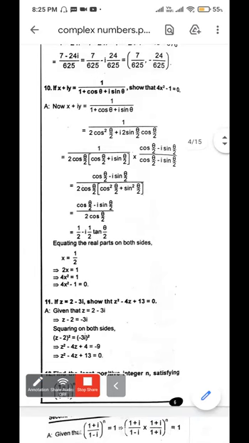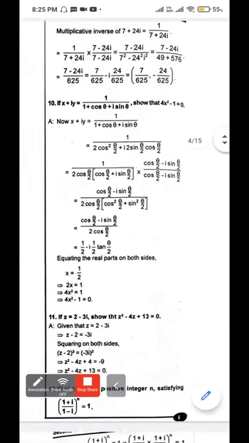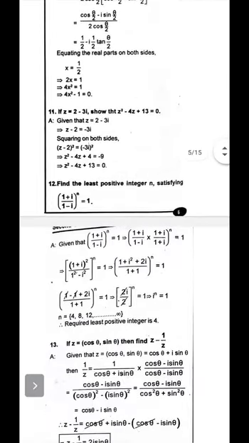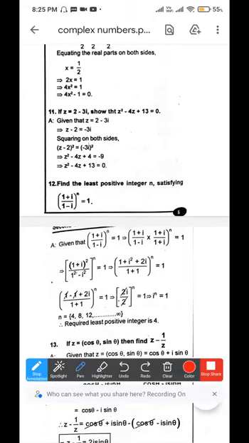I hope you have understood this question. If z is equal to 2 minus 3i, then show that z square minus 4z plus 13 is equal to 0.